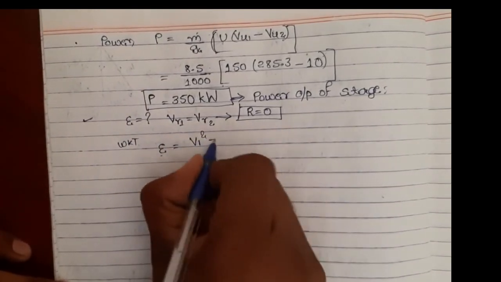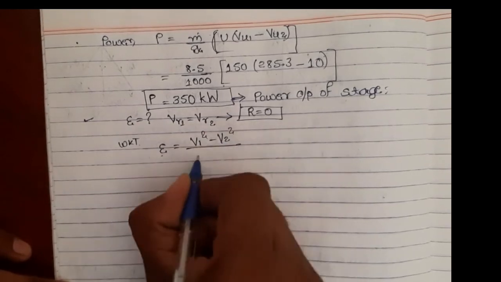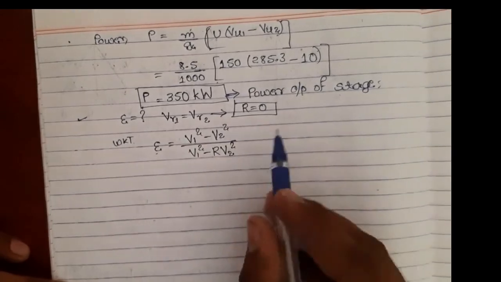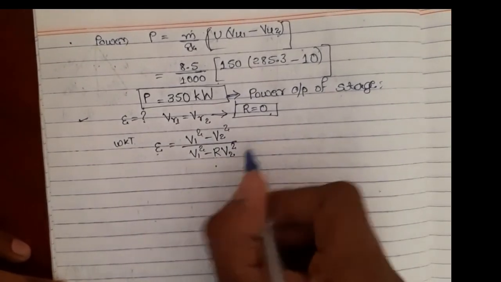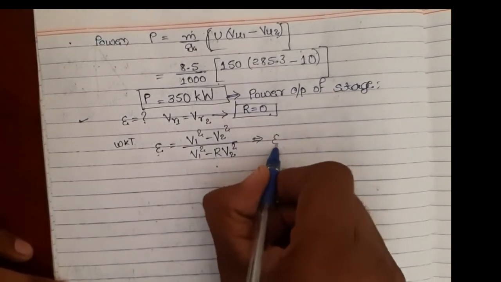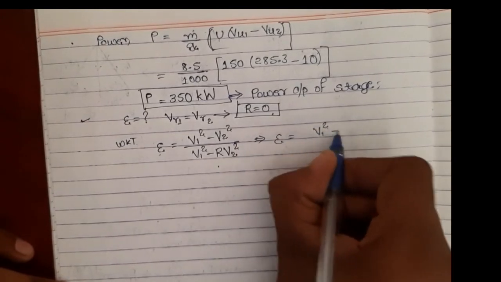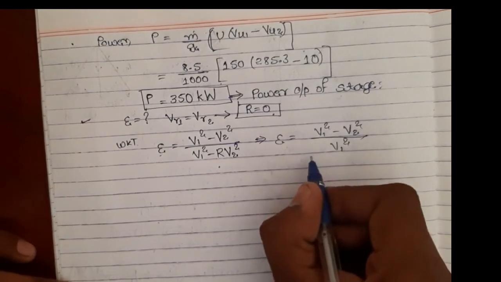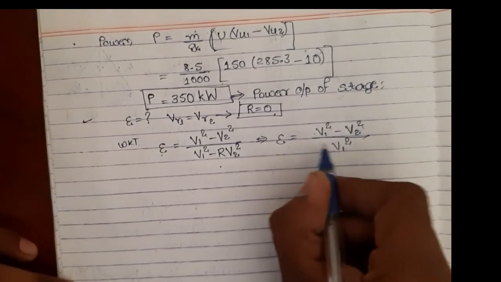It is V1 square minus V2 square divided by V1 square minus R into V2 square. Upon the application of this condition, the formula gets modified as epsilon is equal to V1 square minus V2 square divided by V1 square.